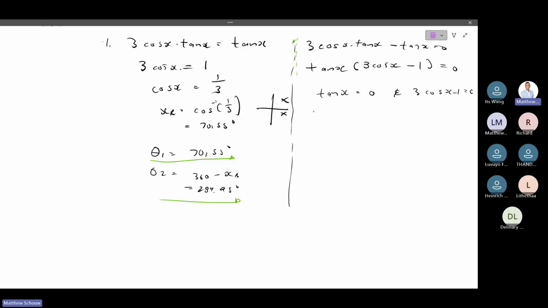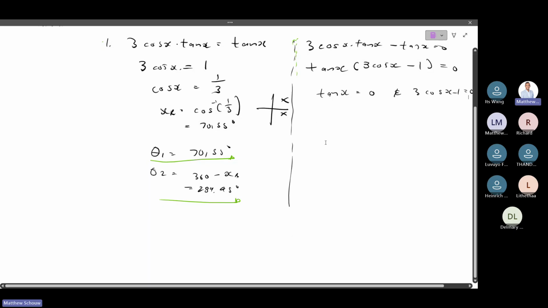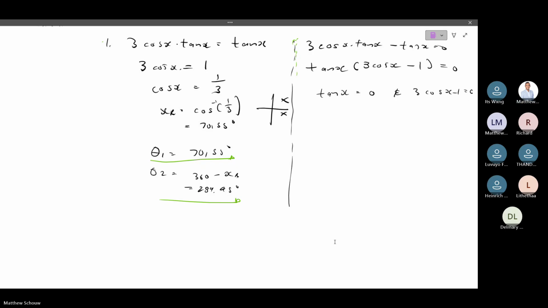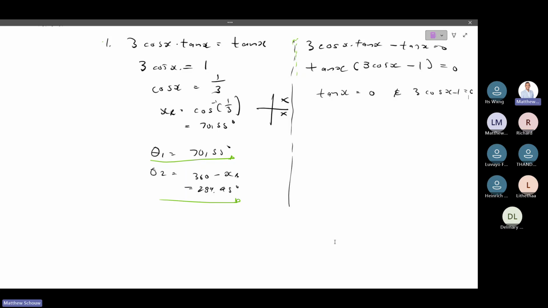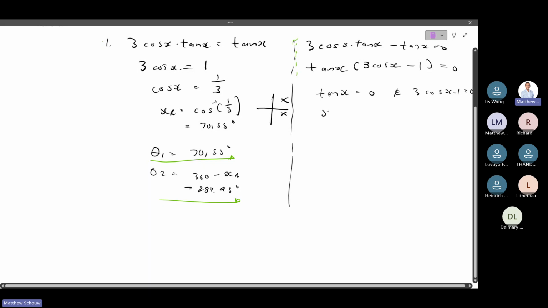If you do inverse tan of 0, what do we get? Tan 0 is 0. So the reference angle here is 0.